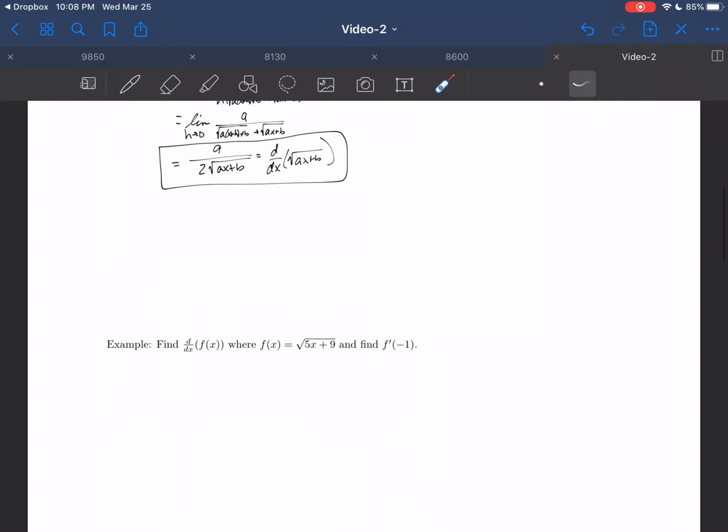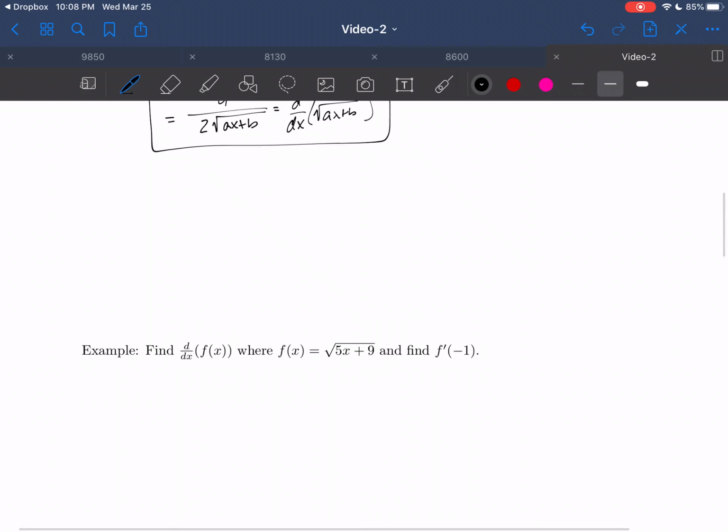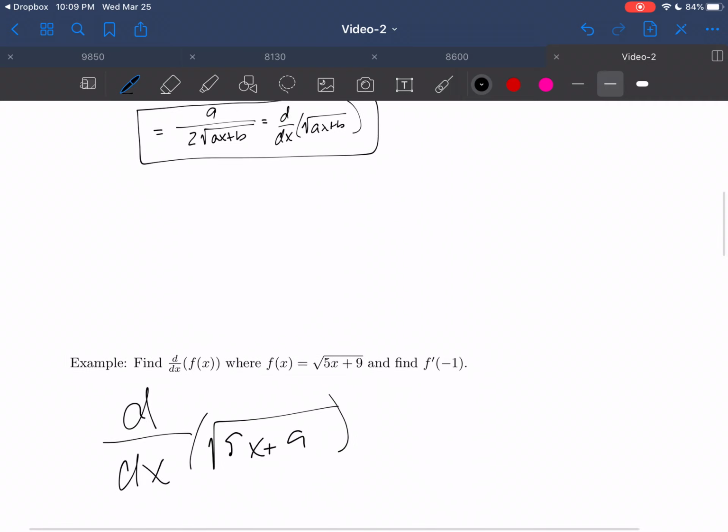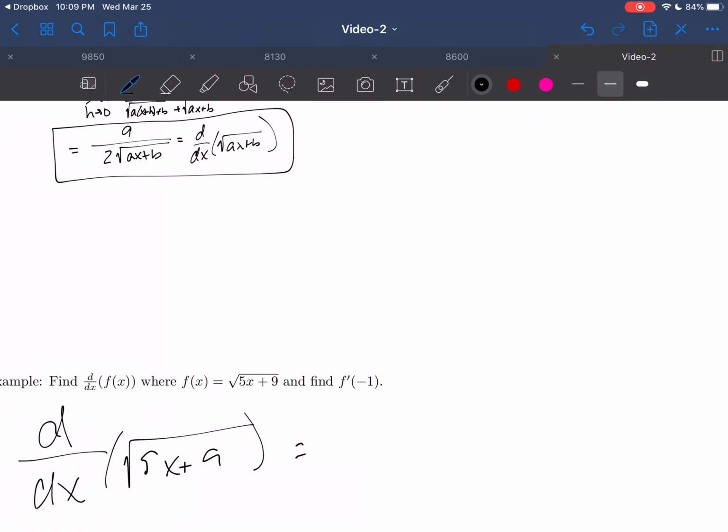So we know then our derivative of that is just going to be equal to 5 divided by 2 times the square root of 5x plus 9.